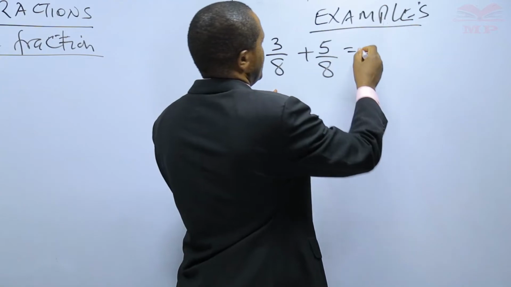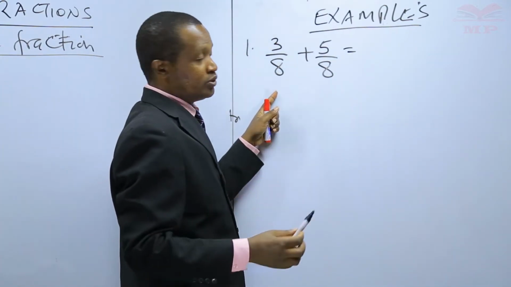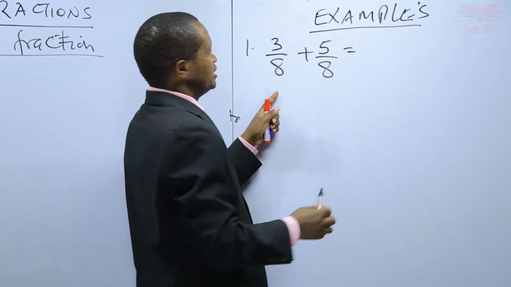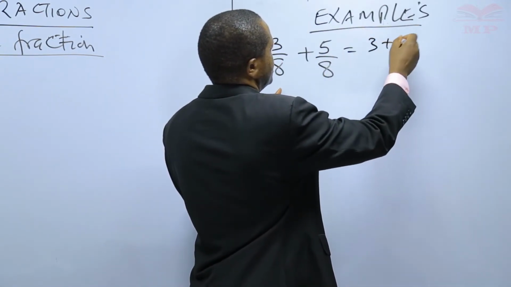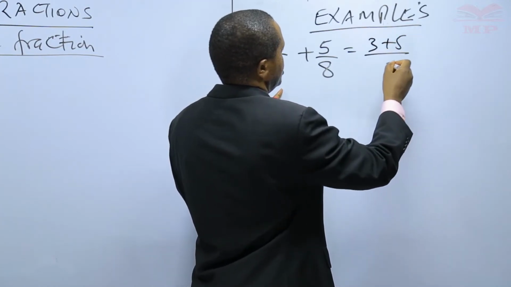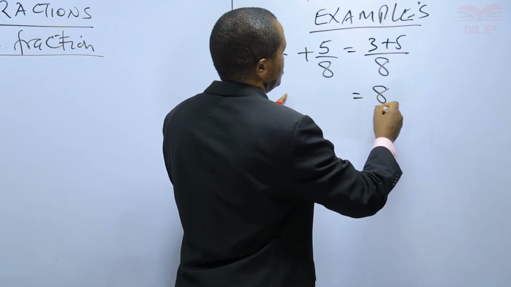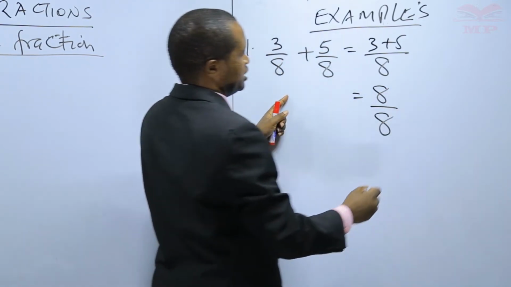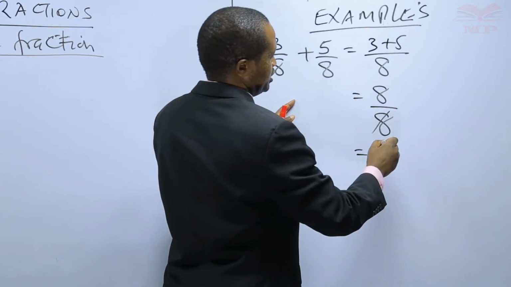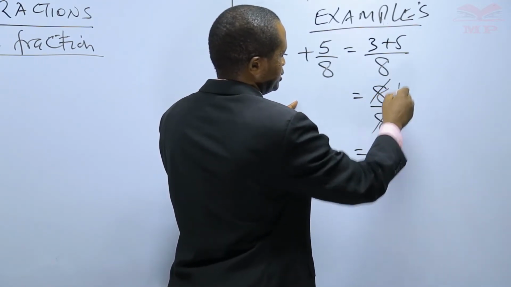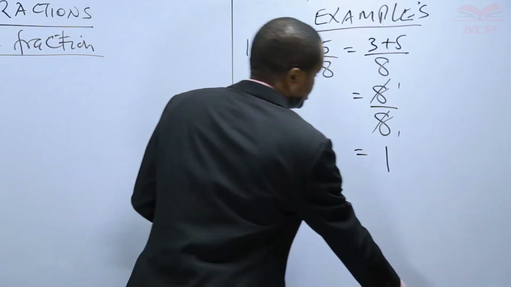Adding fractions that have the same denominator is simple. You add the numerators, that is 3 plus 5 over 8. This will be equal to 8 over 8, and we know 8 over 8 is equal to 1. 8 goes there once, goes there once. The answer is 1.